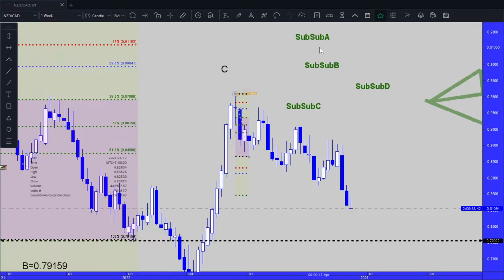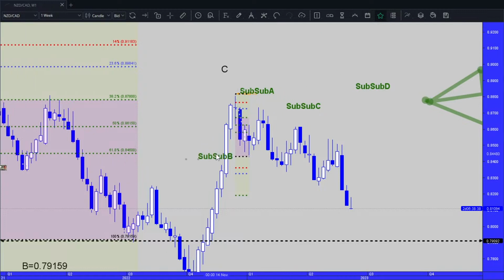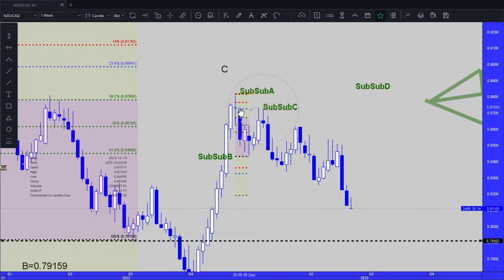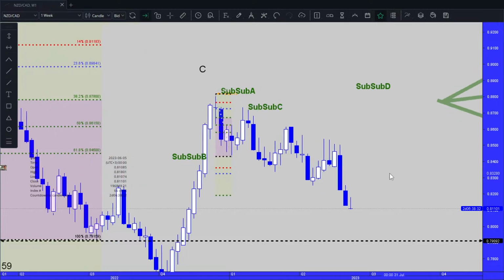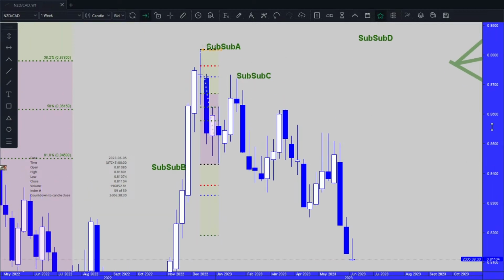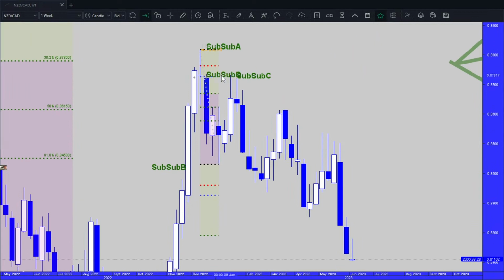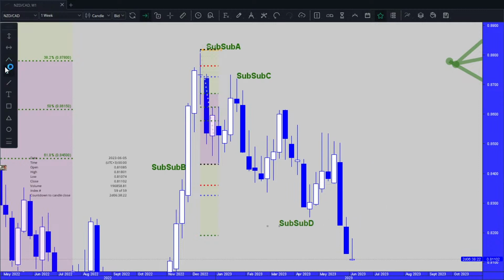Alright, so this is my sub A, this is my sub B, this is my sub C, and because blue went to blue, blue goes to blue, now down in here is my sub D. Just double check if the market, no, it did not touch. And we know what to do.